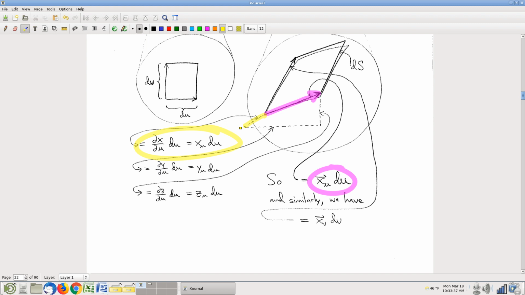This is what I care about. I need to know the coordinate of that vector, and that coordinate is computed by the appropriate partial derivative times the input change. That's what gives me the output change. Okay. So good practice problem. Make sure you can justify that that vector is that.